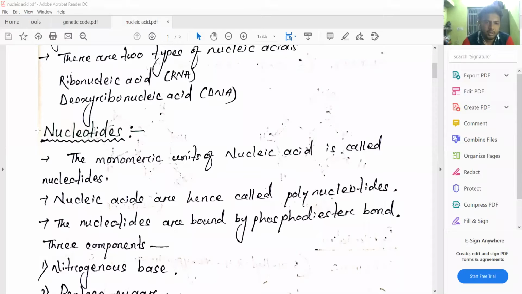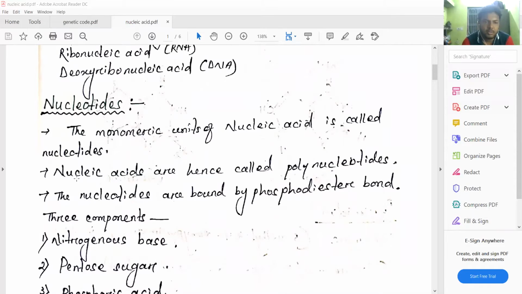In nucleic acids, several nucleotides are there, arranged in a chain, and between two adjacent nucleotides one bond is present, that is the phosphodiester bond.